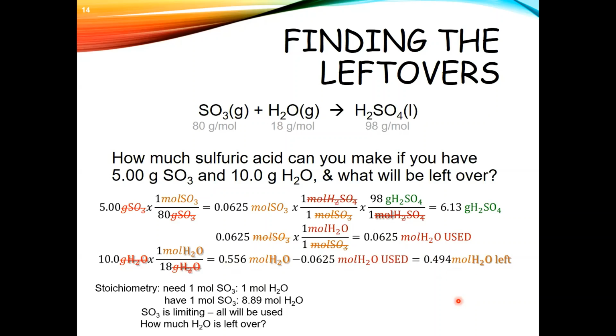So we're left with 0.494 moles of water. Right, and then we can convert that into grams and get 8.89 grams of water. But that's how you're going to calculate how much of an excess reagent is left over. Figure out how much was used up by the reaction, subtract that from your original amount, and then you have what's left.